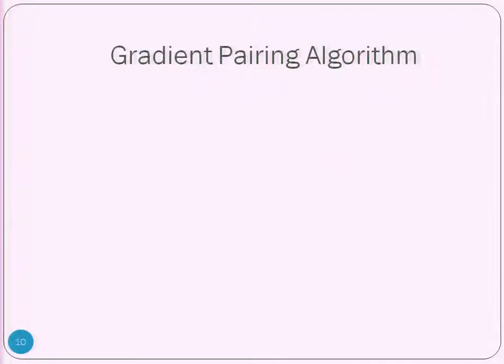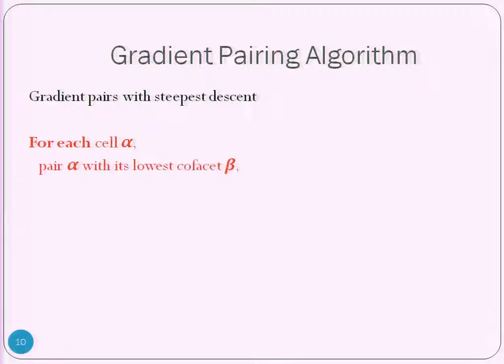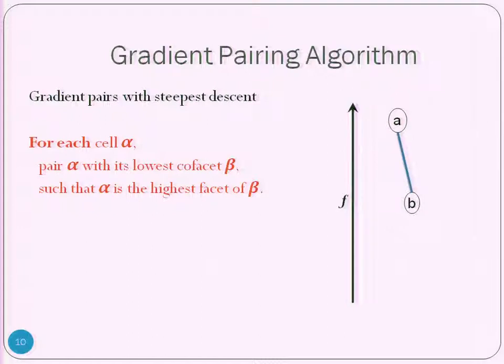We use this order, with the notion of steepest descent in mind, and we design a gradient pairing algorithm, which proceeds as follows. For each cell alpha, we look to pair alpha with its lowest cofacet beta, such that alpha is the highest facet of beta. Let's look at it by means of an example.